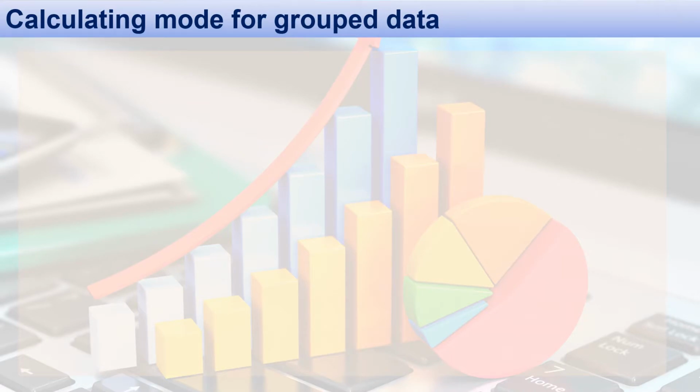The second aspect is calculating mode for grouped data. If you get grouped data, how can we calculate mode?